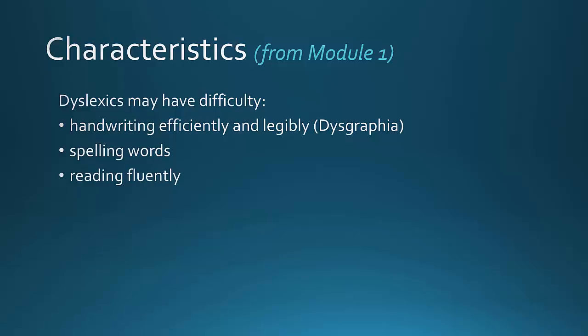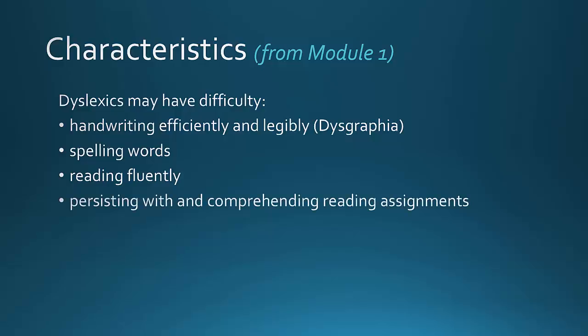Students with dyslexia will have difficulty reading fluently. Their reading will be slow and labored, which could contribute to avoidance of reading tasks. So when you assign reading homework, are students having difficulty completing that in the time allotted? You'll see students with dyslexia having problems with persistence, getting texts read or comprehending what they have read.